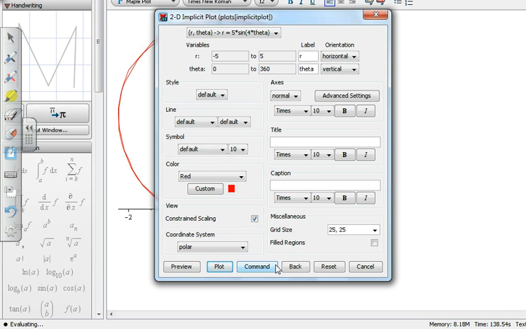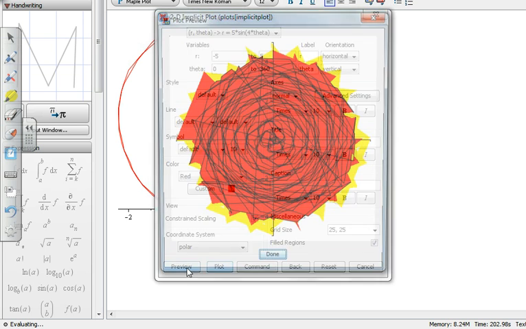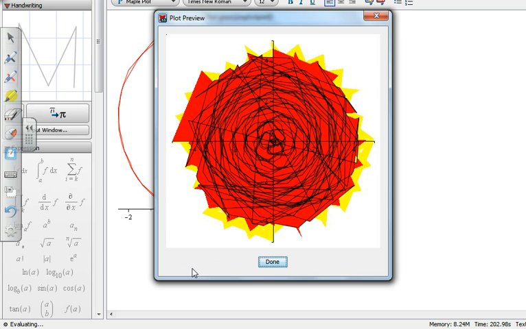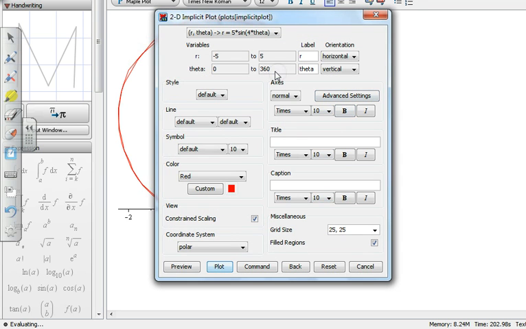Guess we'll have to do it manually. Fill regions. Why can't I set this to command?